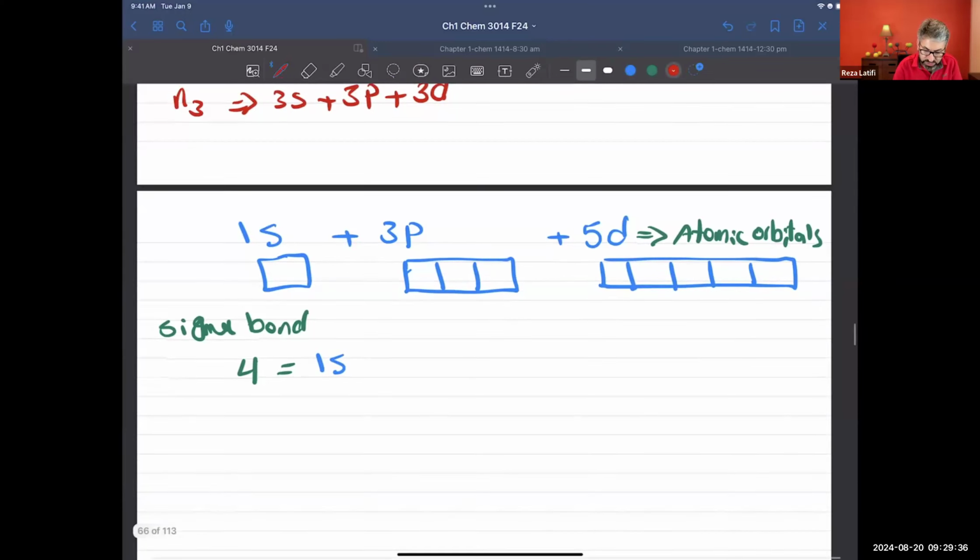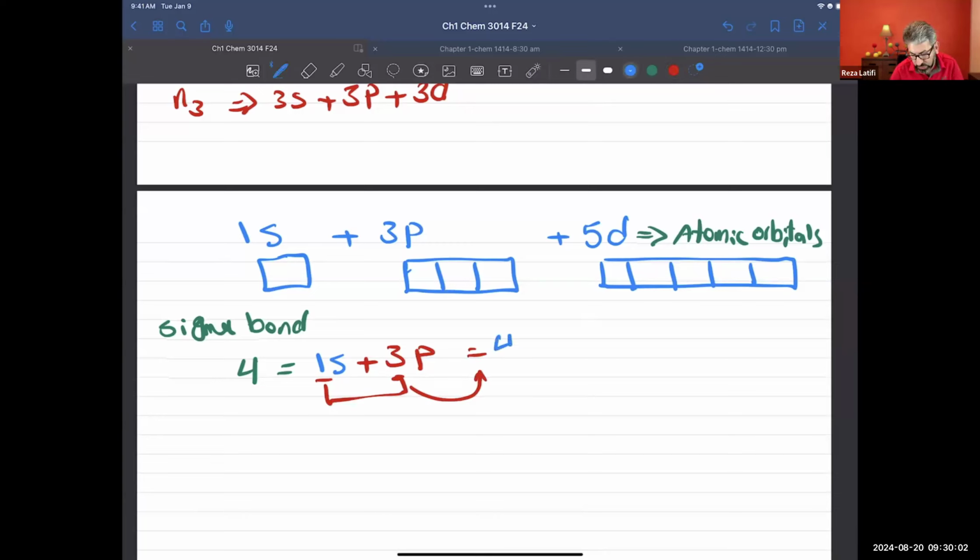And we are still far from 4. How far? By 3. So I need to use 3 more orbitals. From where? The next lowest energy orbital is going to be the p orbital. So let's use the 3 from p. 1 plus 3, that's going to give you 4.